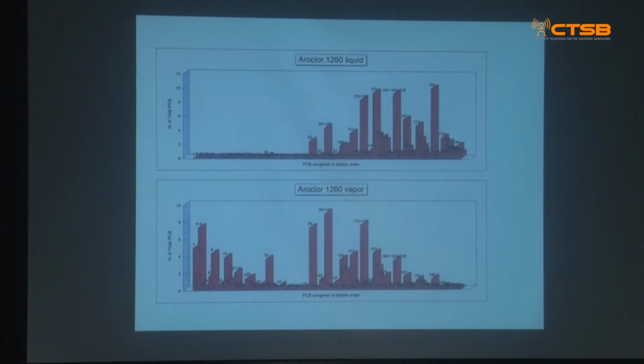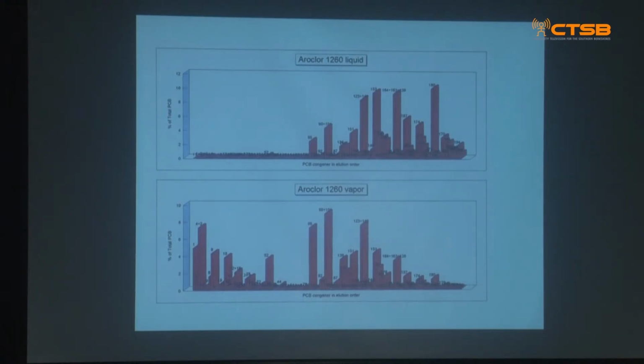You couldn't even see these in the commercial mixture because their presence was not that great. What you see is that the whole curve from the top has shifted downward to lower chlorinated congeners. There's still some of these higher chlorinated congeners that go in the air, but the more chlorines they have on them, the less likely they go into the air.